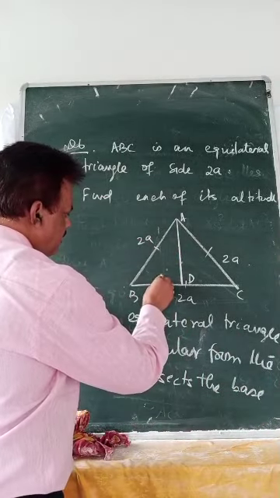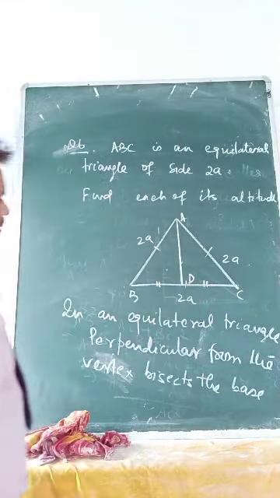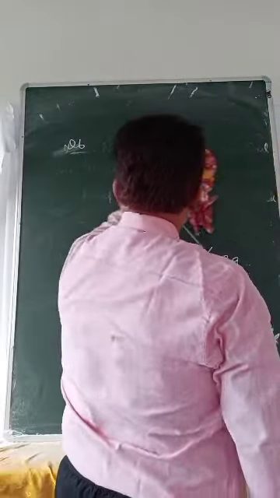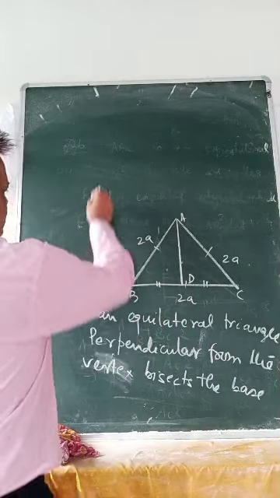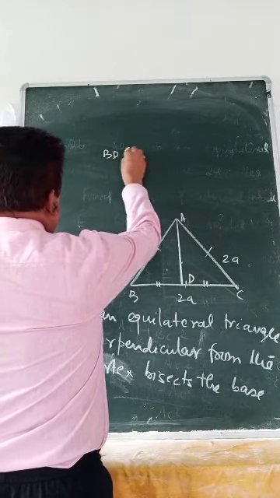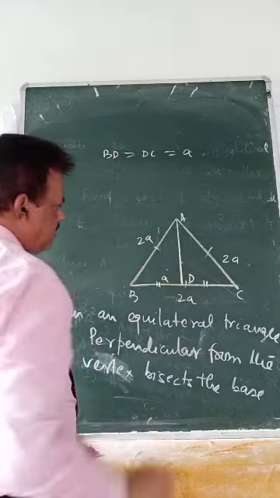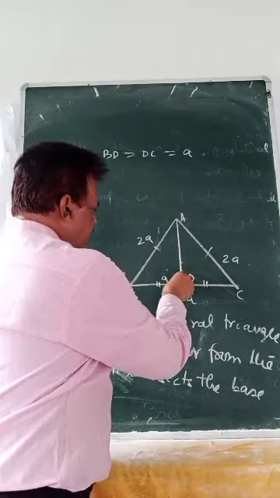So BD is equal to DC equals A. So this becomes A. Now this is 90 degrees.